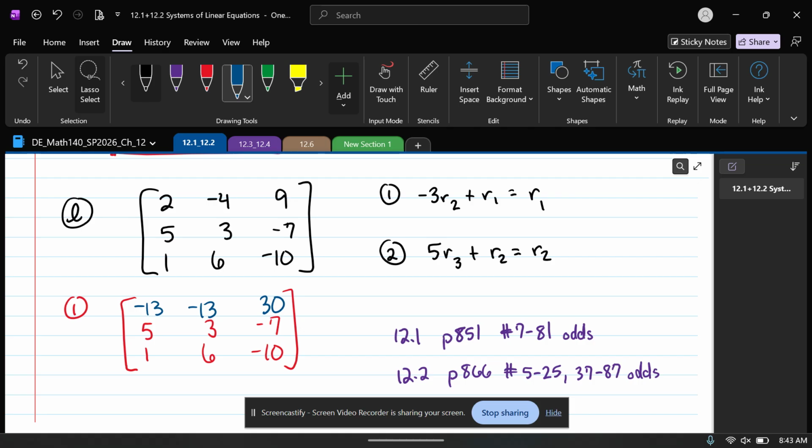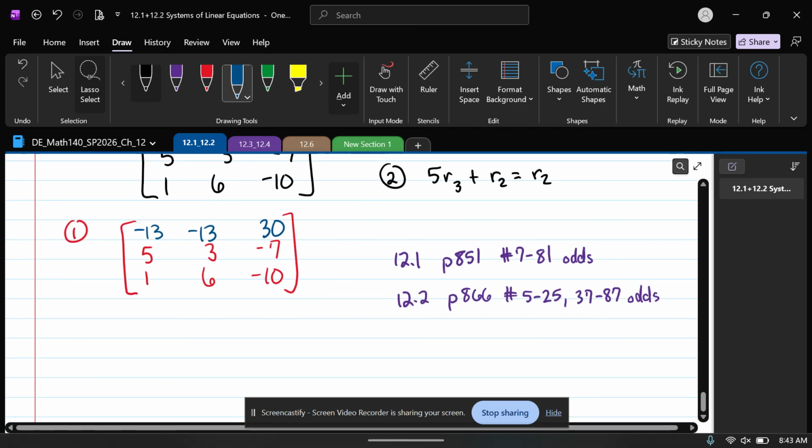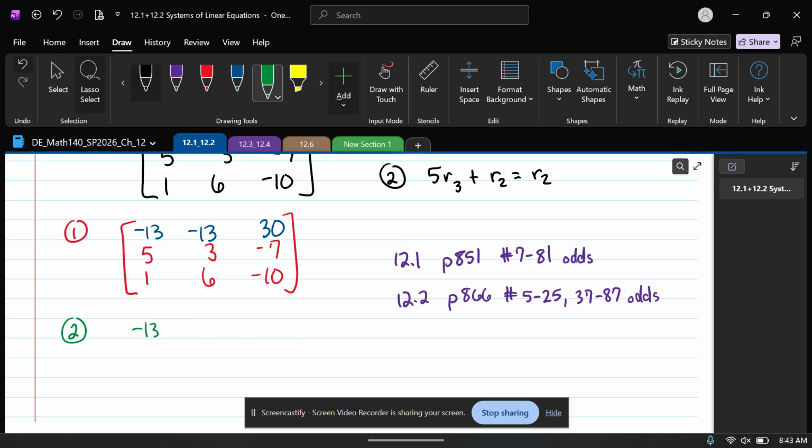Row operation 2, row 2 changes. So my row 1 is now the negative 13, negative 13, 30. My row 3 is 1, 6, negative 10. It still hasn't changed. Row 2 is the one that changes.